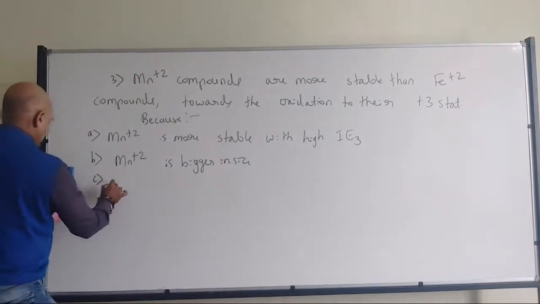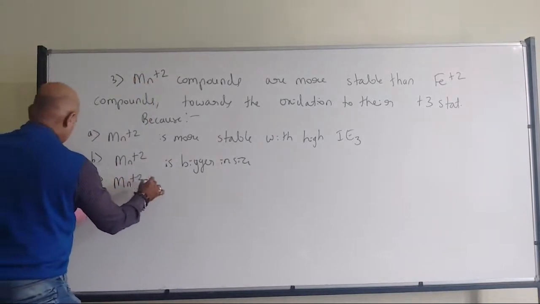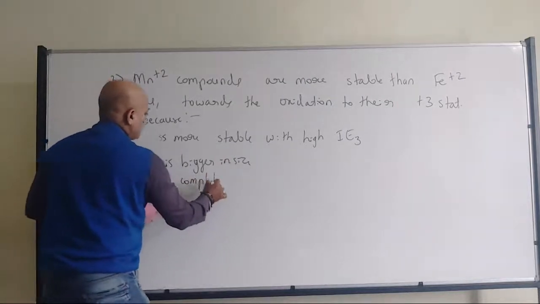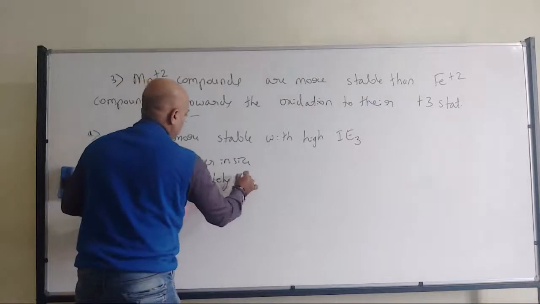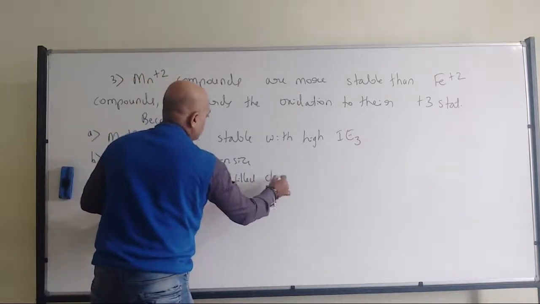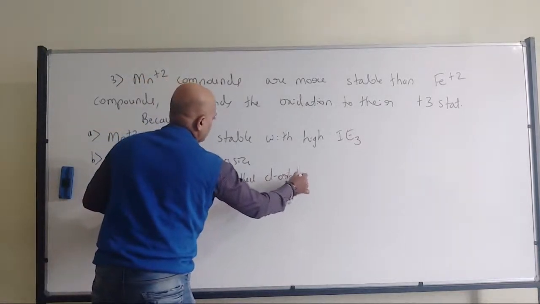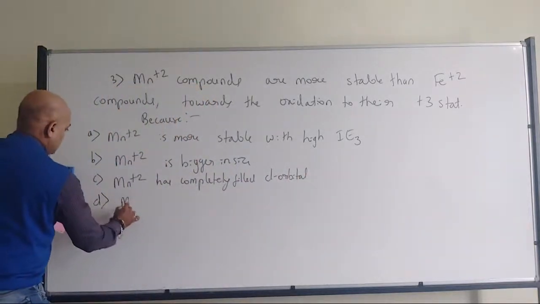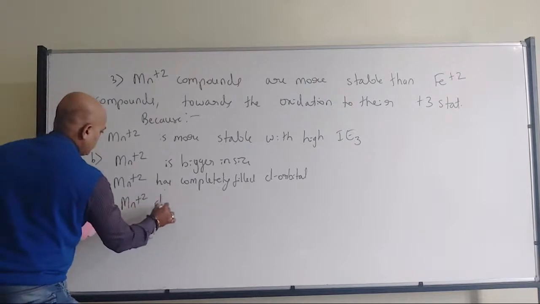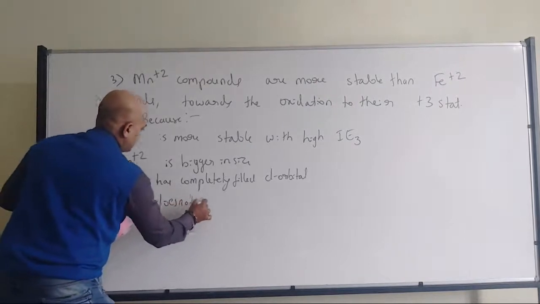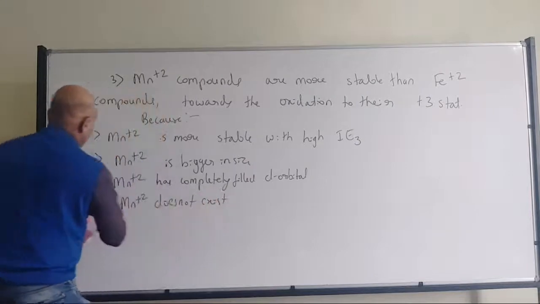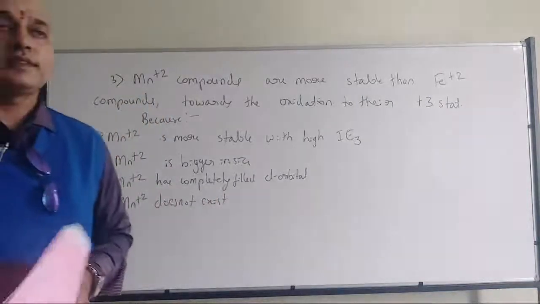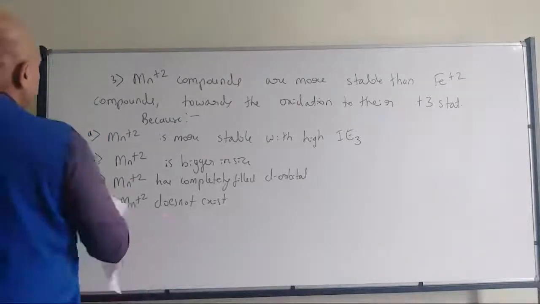Option C, manganese plus 2 has completely filled d orbital. Next one, option D, manganese plus 2 does not exist. Anyway, straight away option D cannot be there. Which should be the answer?